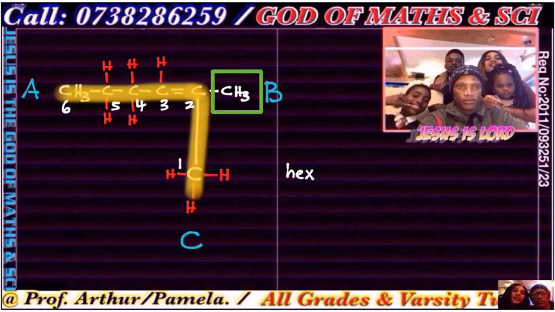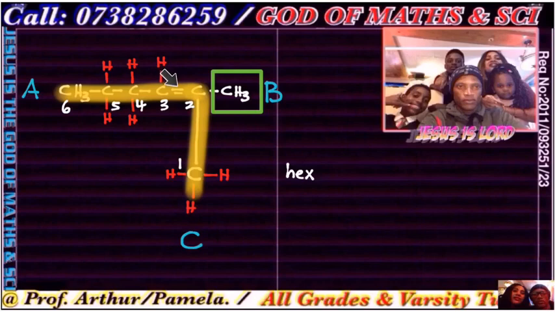Where is the double bond located? The double bond is here, between carbon number 2 and number 3. In the middle of 2 and 3. We good?